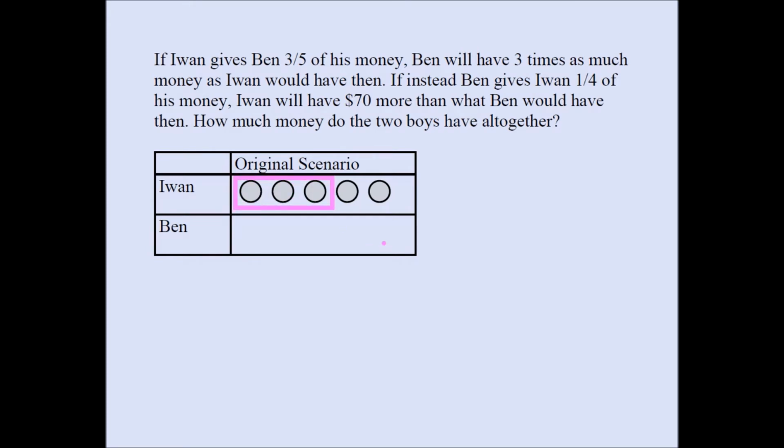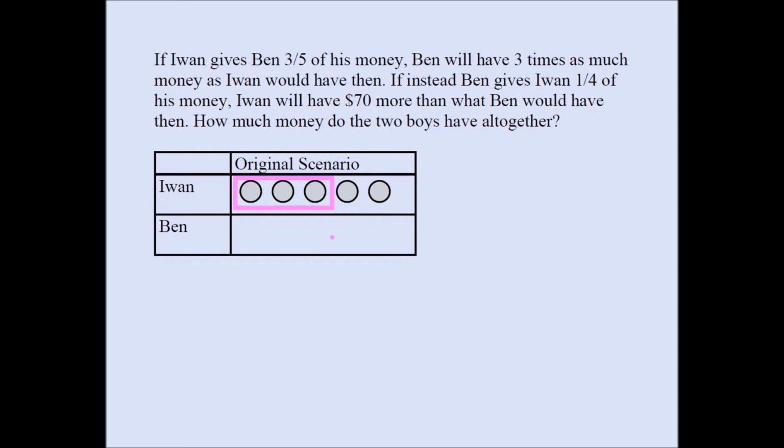So Ben is going to get these 3 circles, and after that, Ben is supposed to have 3 times as much as Ivan would have then. So with the 3 circles from Ivan, Ben is supposed to have 3 times 2, so 6. That tells me Ben must have had 3 circles. So if Ivan had 5 circles, Ben had 3 circles.